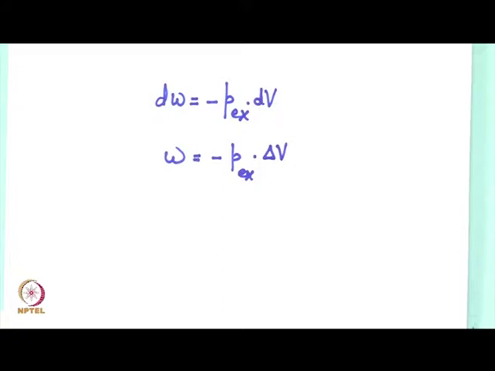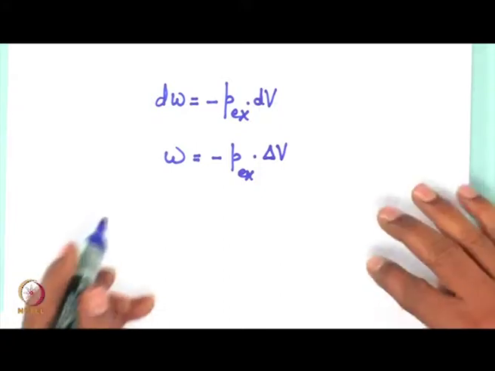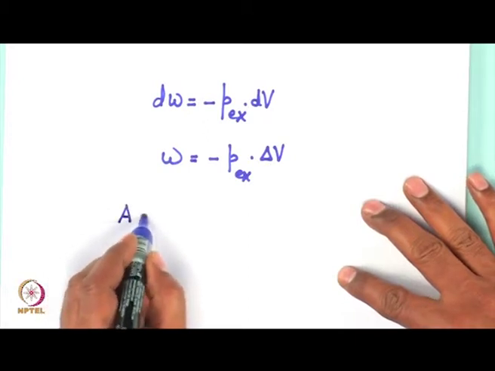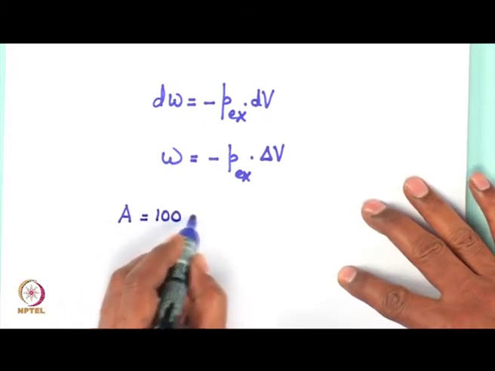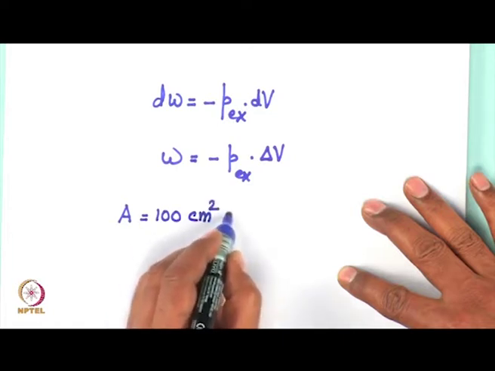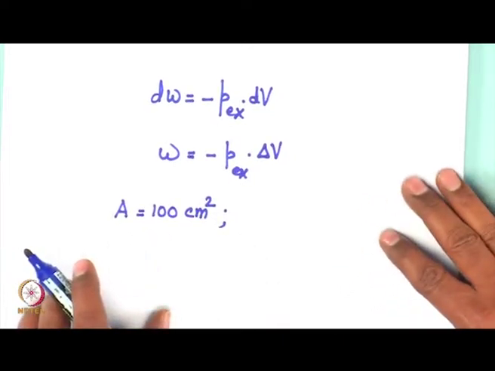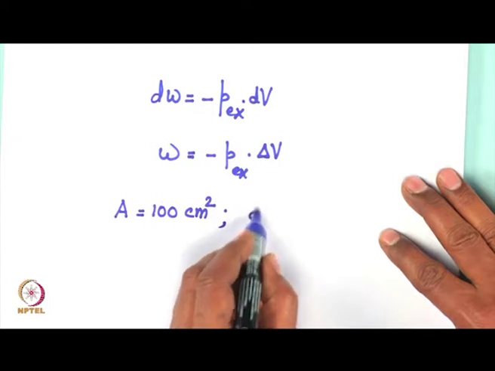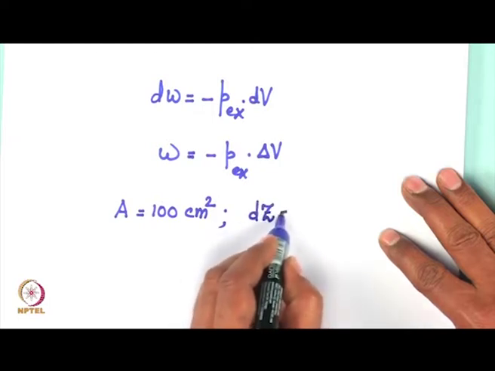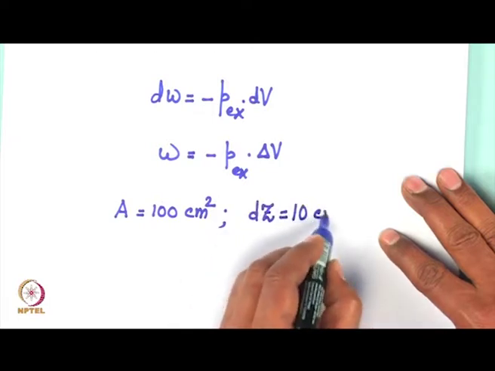And in the given problem, you have the area of cross section as 100 centimeter square, and the length moved dz is equal to 10 centimeter.